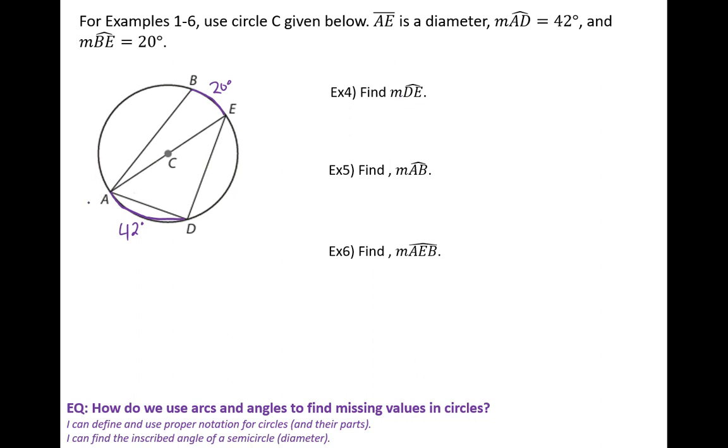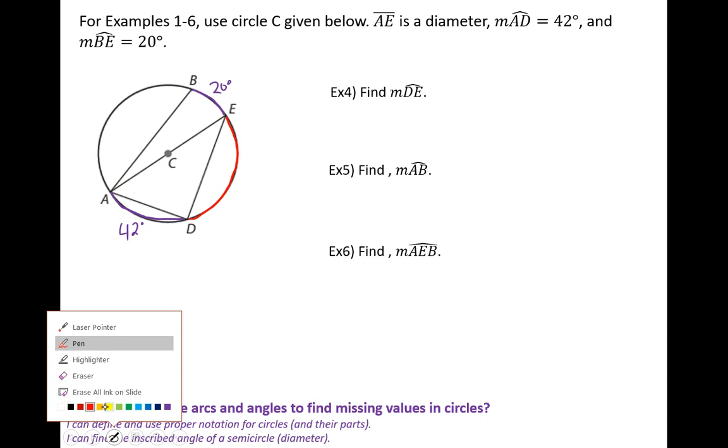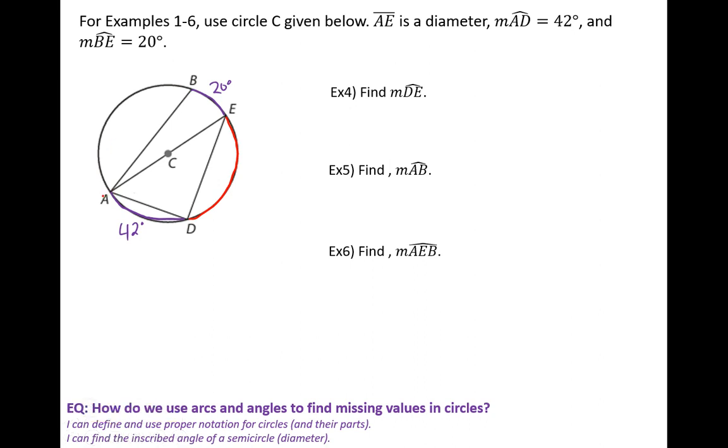Well, if I look at this one, arc DE, I'm going to go back to red here. Arc DE is this one right here. And we're going to use some arc addition postulate business here. My diameter is right here, which cuts my circle in half, so I know this half of the circle has to be 180 degrees. And this piece right here is 42.